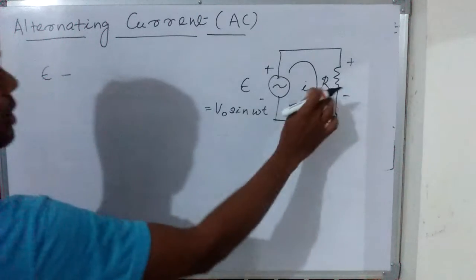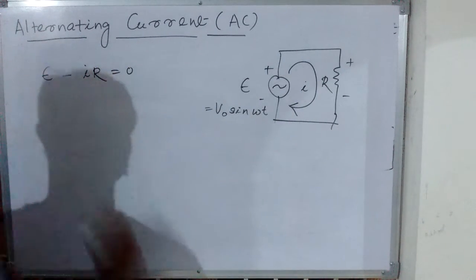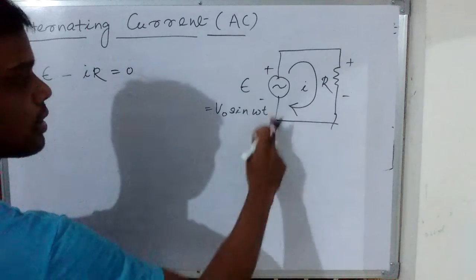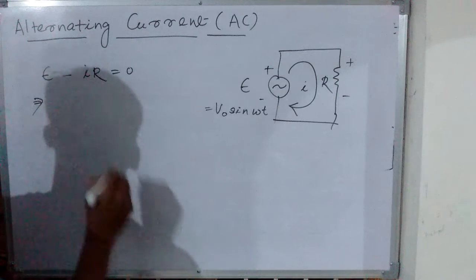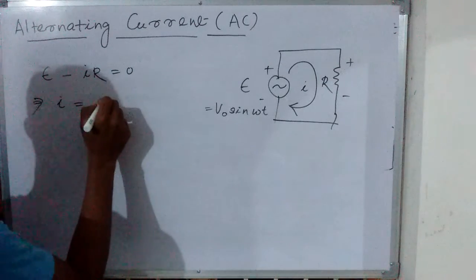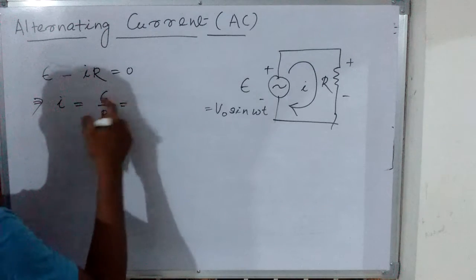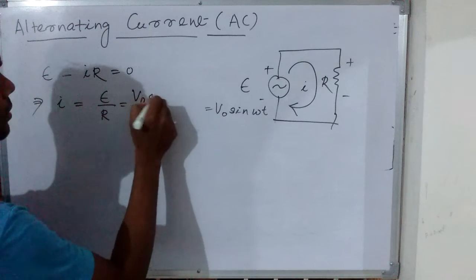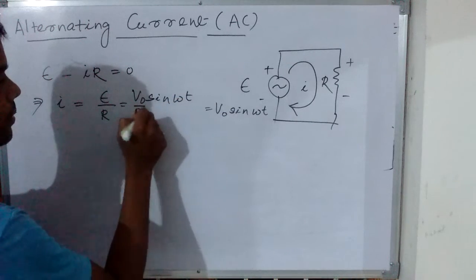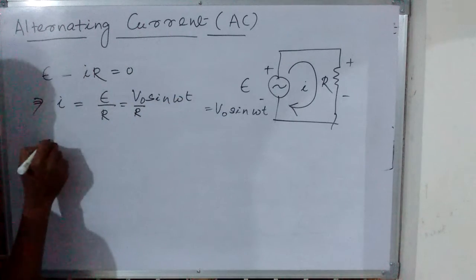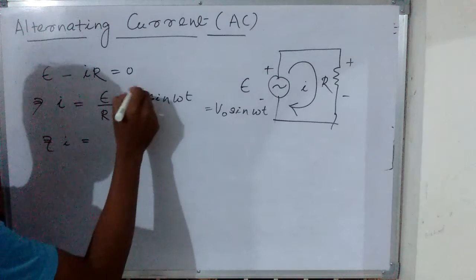So minus I into R is equal to 0, because there are no more elements. This implies I is equal to epsilon by R. What is epsilon? V naught sin omega t. So I is equal to V naught sin omega t by R.